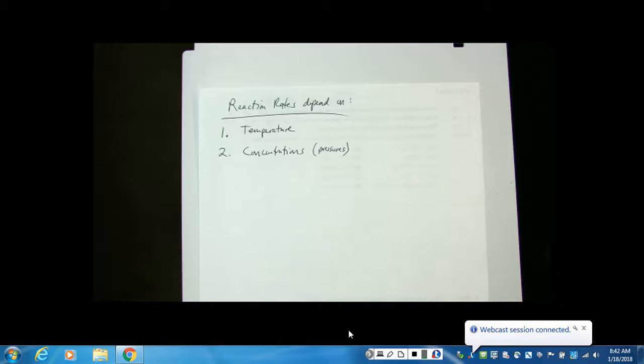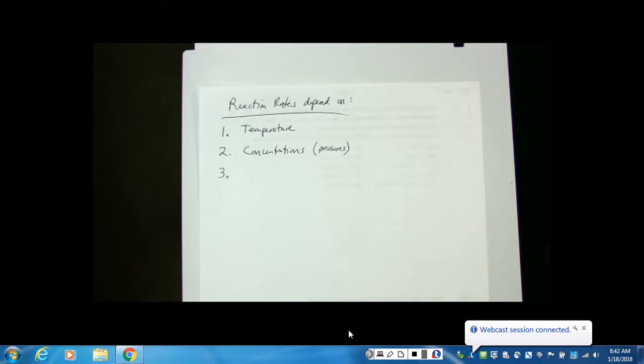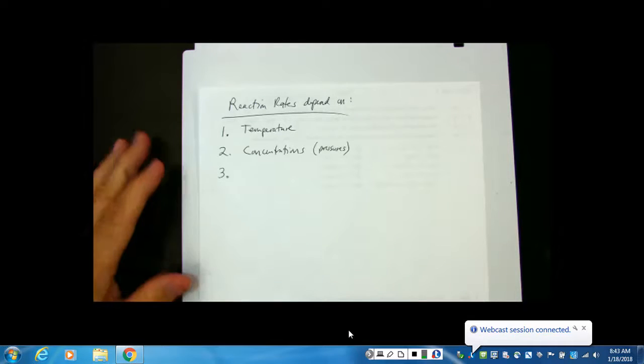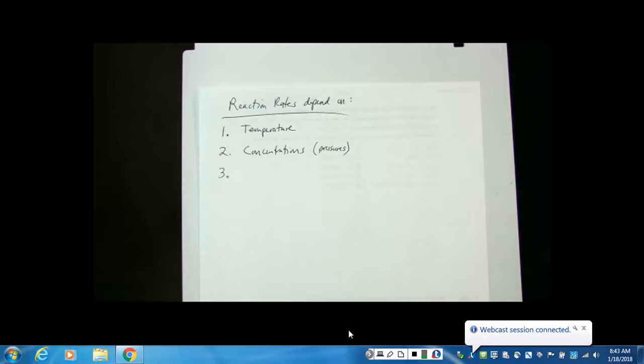It goes up, right? So concentrations and pressures are basically the same thing when a gas is involved. If you increase the pressure, that will also increase the rate because it increases the concentration, or how close the molecules are together, and how much more likely they are to collide at high pressure than at low pressure.